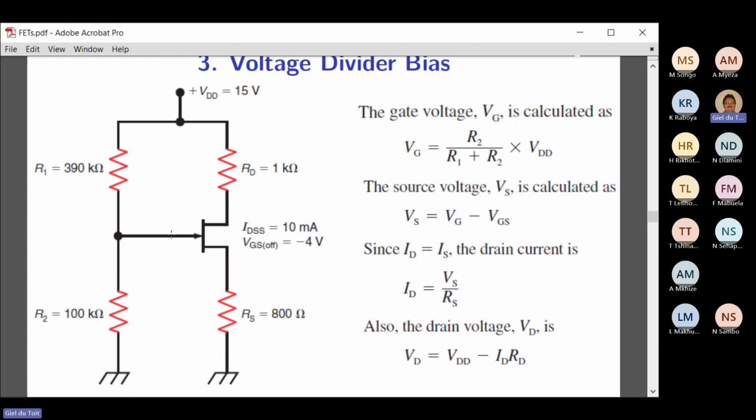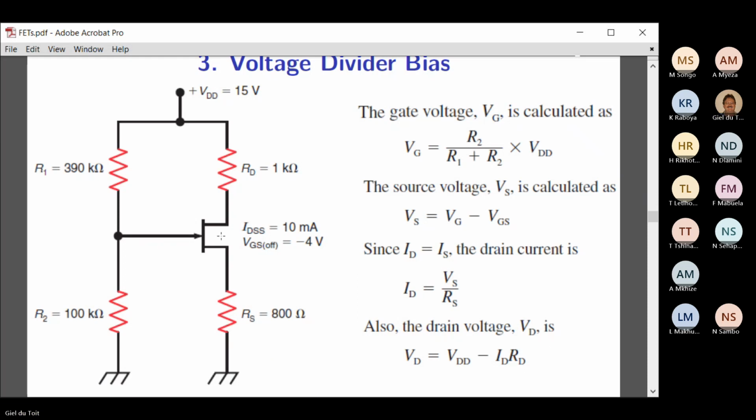Whatever the voltage is, we can calculate it, and the source voltage is calculated as Vs. It's this voltage here. The source voltage is Vg on the gate minus V gate-source. So it is this voltage over this resistor minus the voltage over those two.